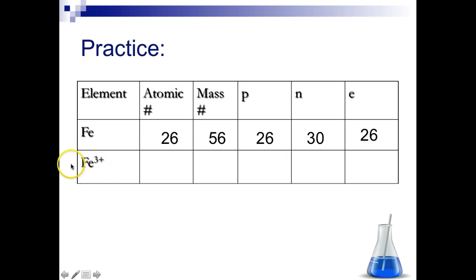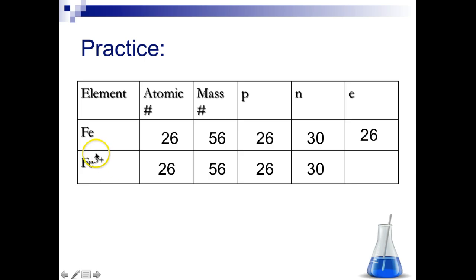Now let's look at the ion of iron. Since we're still talking about iron, the atomic number is still going to be 26. The mass number is also still going to be 56 because we're still talking about iron. Since we are still talking about iron, the number of protons is going to be the same. And every time we calculate the number of neutrons, we take our mass number minus our number of protons to get our number of neutrons. Since the mass number and the number of protons did not change, the number of neutrons is still going to be 30. Now this is where we're going to have some changes.